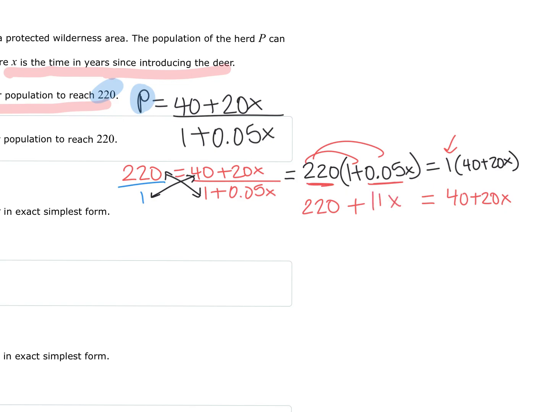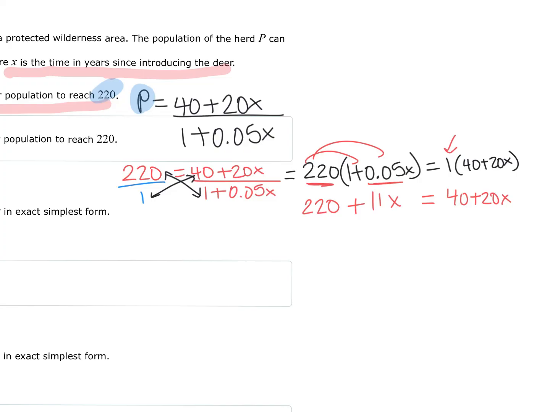Okay, now I'm ready to solve. And remember, when you're solving this linear equation with variables on both sides, you want to get all of your x's on one side and all of your numbers on the other. You can do that one of 4 ways to start. I apologize if I don't do it your special way, but I'm going to go ahead and move the 20x to the left side. And that's going to give me negative 9x.